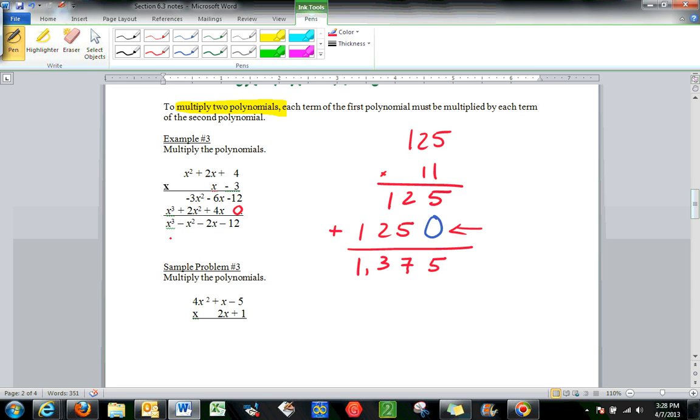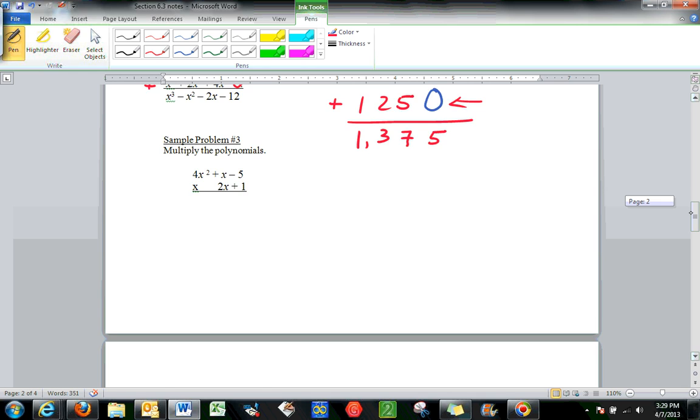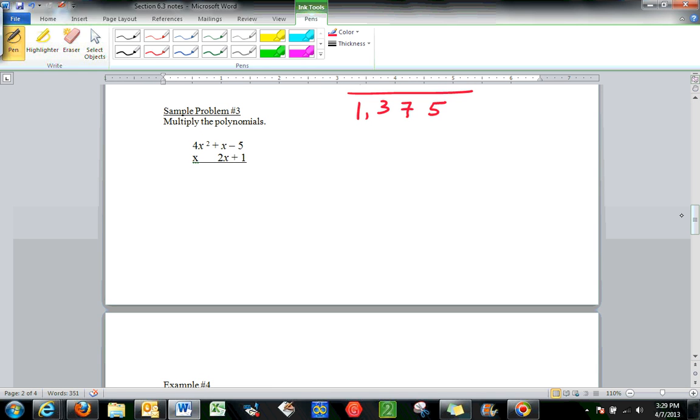And this allows us to add these two parts together in a stacked form as well. So that 0 is a very important placeholder that needs to be put in if you're going to multiply polynomials in a vertical method. So go ahead and give that a try in sample problem number 3. See if you can multiply these two polynomials using a stacked form.